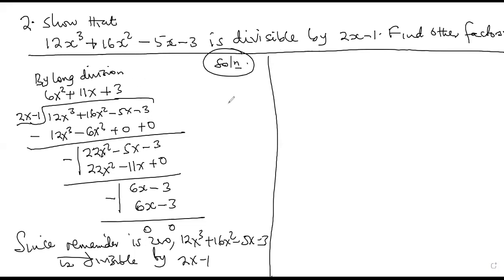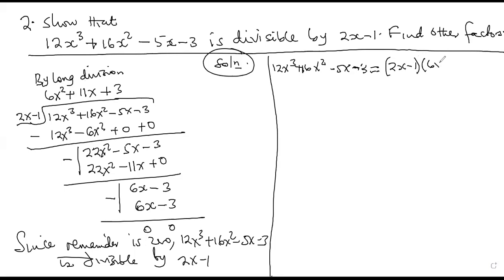It means that our polynomial 12x cubed plus 16x squared minus 5x minus 3 is going to be equal to the quotient, but my quotient is 6x squared plus 11x plus 3 times the divisor, which is the same as the divisor, 2x minus 1, times the quotient, which is what you've gotten here on top.